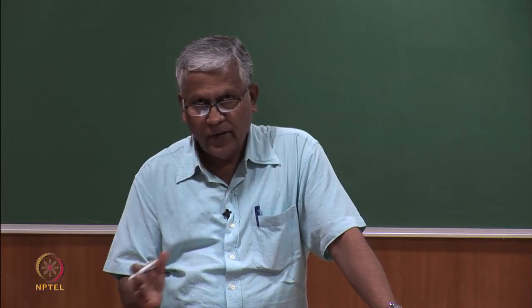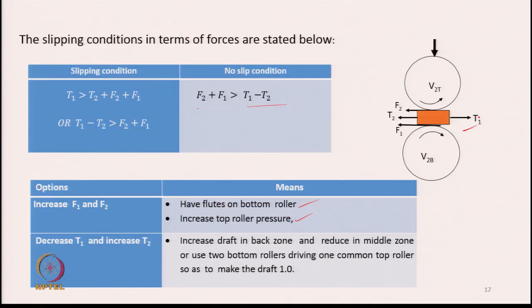So, playing with the setting, we can also play with the force, provided the setting does not create drafting irregularity, neither does it break the fibers by stretching them, because they are too close to each other. So, we have to keep in mind both the facts. Within this, if there is scope to play with the setting, we can do that. Other possibilities are already stated here.